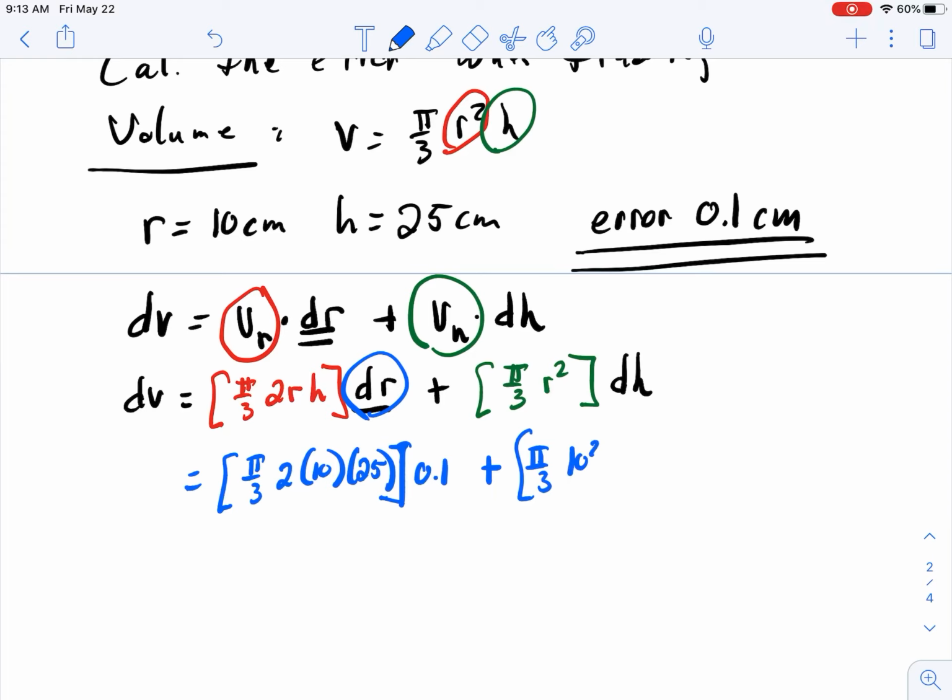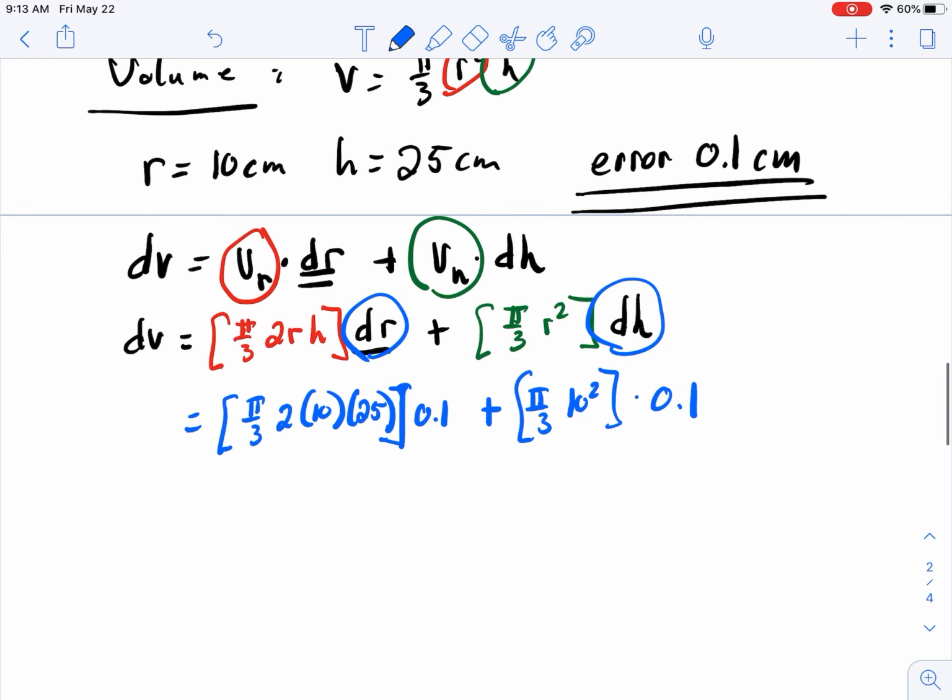Now my r would be 10 squared. And again, what's my error factor for my materials? 0.1. So if you go through all this and simplify it, you should get 20 pi as your error factor.